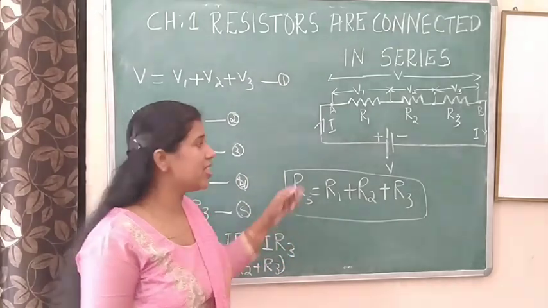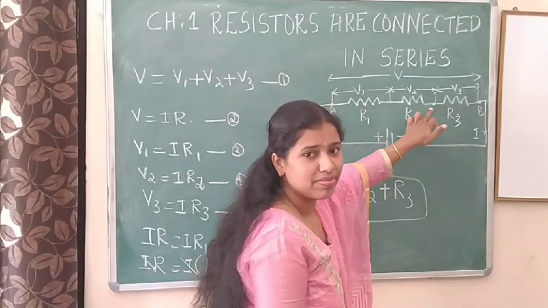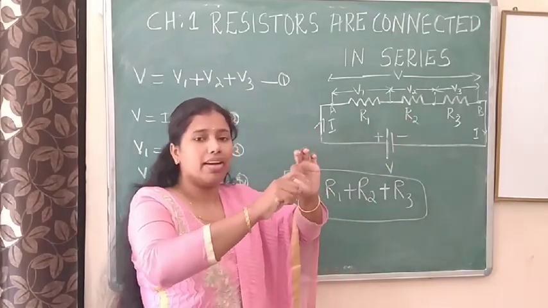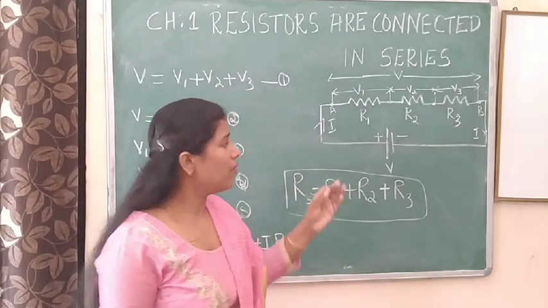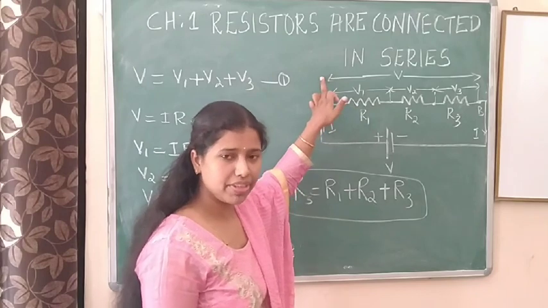The second disadvantage is with the series connection. For example, one wire is connected to another wire, again to another wire, and one device is connected at each point, a mixie or refrigerator, whatever it is.